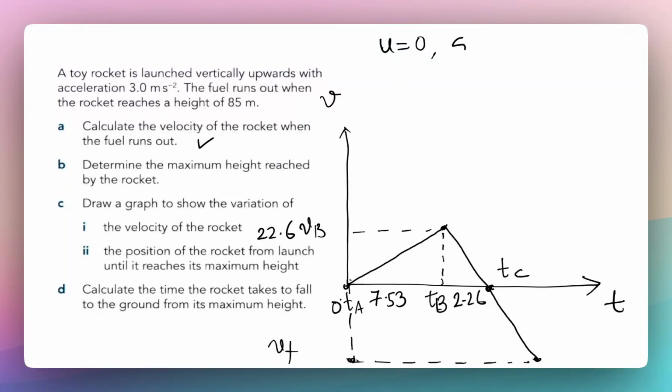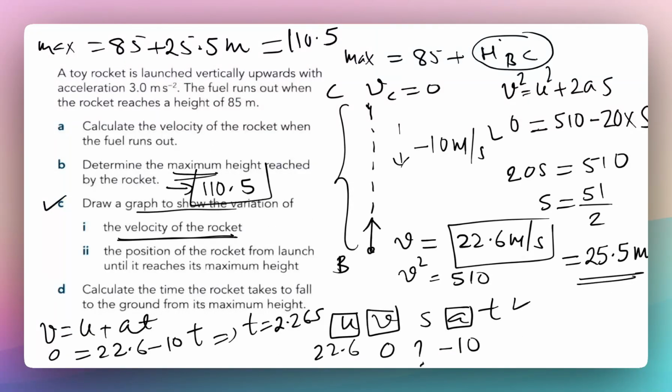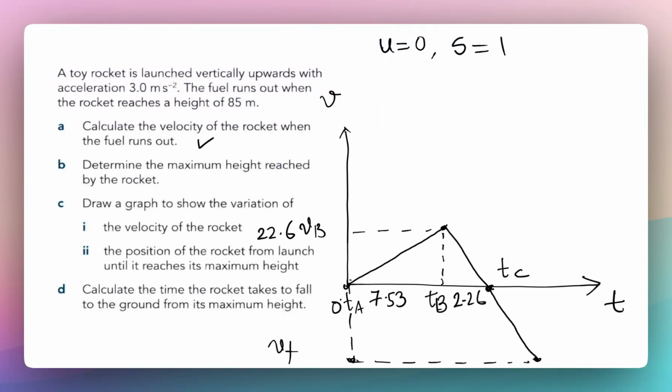My s, which is now downward positive, how much distance it has traveled, the maximum height reached, is 110.5. My acceleration is now downwards at 10. With that, can we compute how much time it will take from TC all the way to A? Yes, we can. We know 1, 2, 3, and we can compute T.